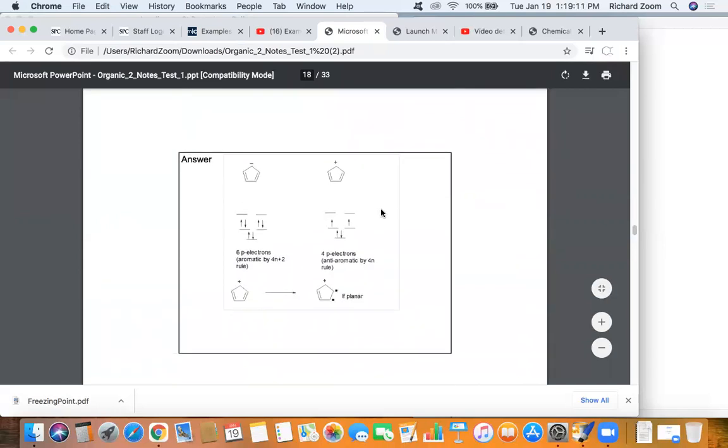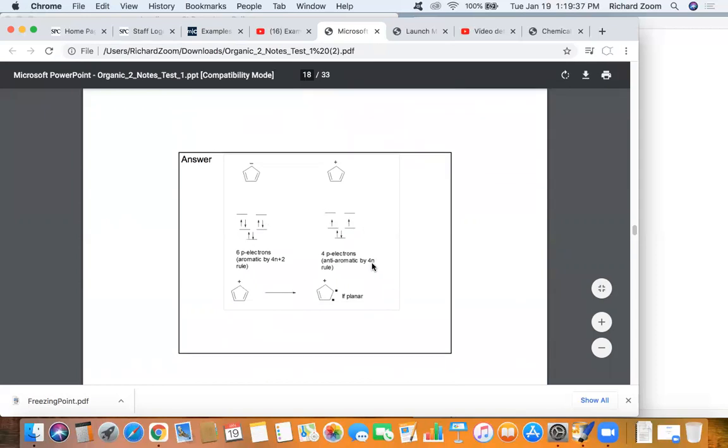So in the case of the minus for the one we just talked about and the plus here, you can see the minus has 6 electrons, and when we put the electrons in, you can see it comes out to be aromatic by the 4n plus 2 rule because it uses 6 electrons. The one with the plus has 4 electrons, 1, 2, 3, 4. And those 2 electrons, again, are just looking at each other.